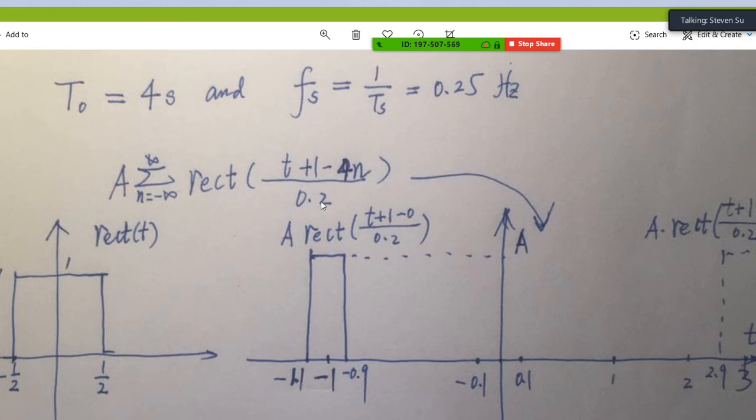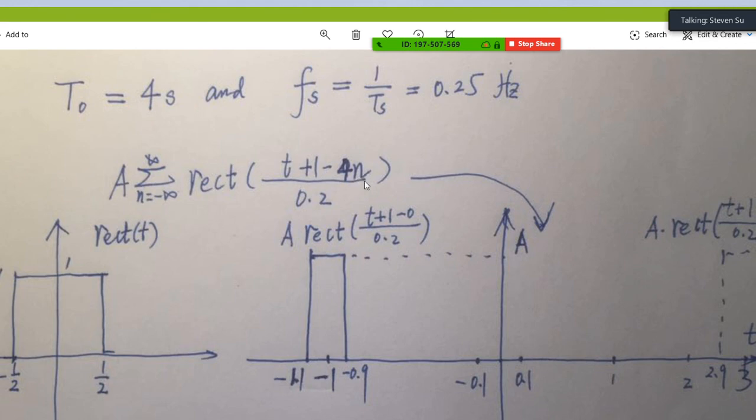But when you change the scale, the scale means that you change the width to 0.2. The scale before is 1, right? The width is 1, but now the width changes to 0.2, and this is also a periodic function, so you can have different n.